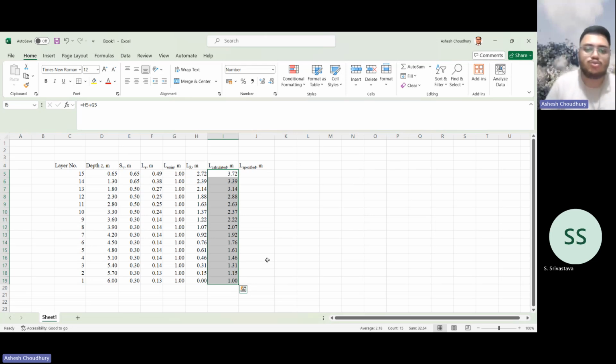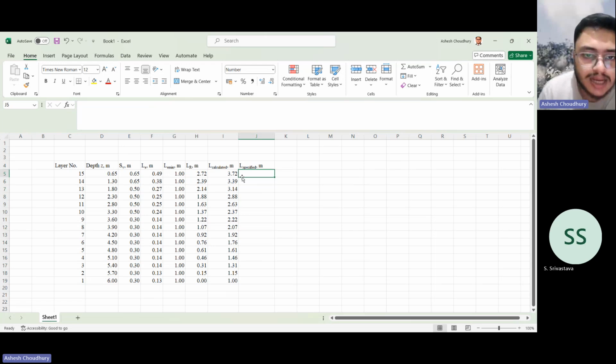Now what we can do is simplify the lengths for construction purpose, so that in the site it is easier to implement. For all these three we are going to take 4 meters.